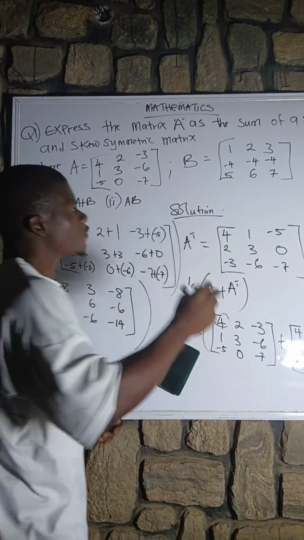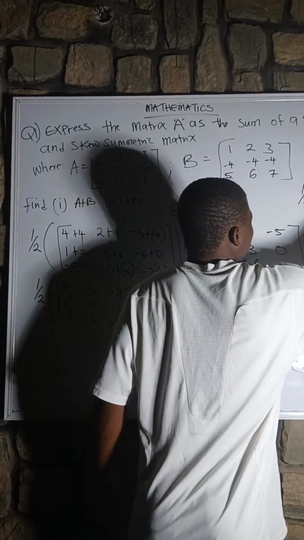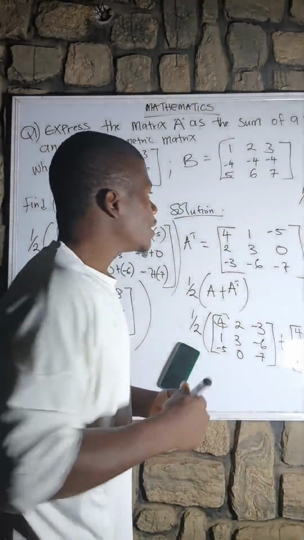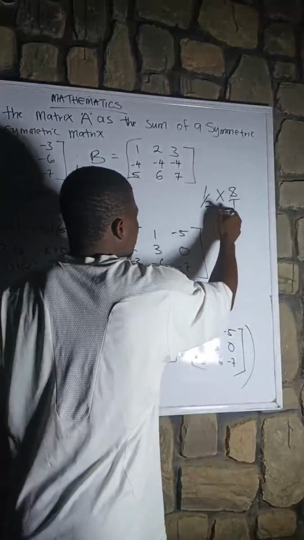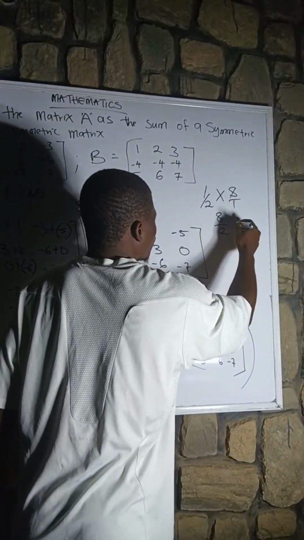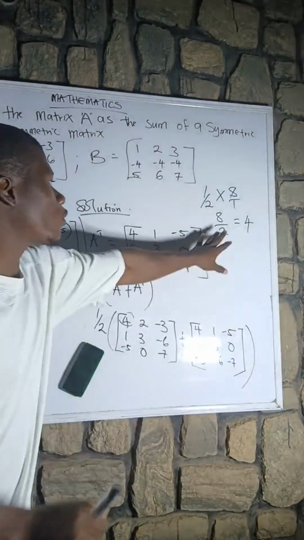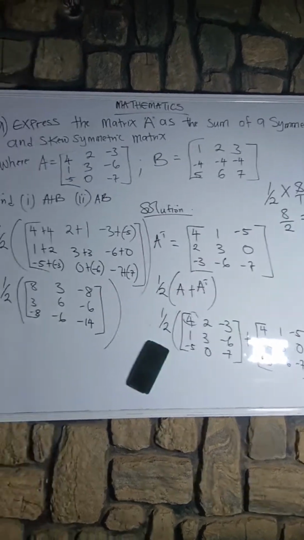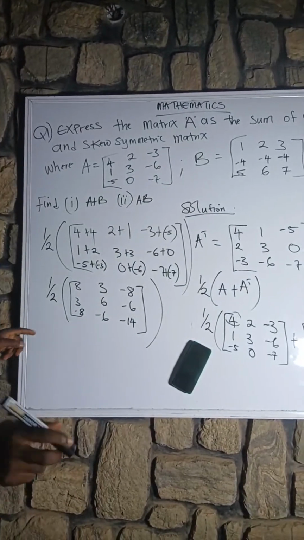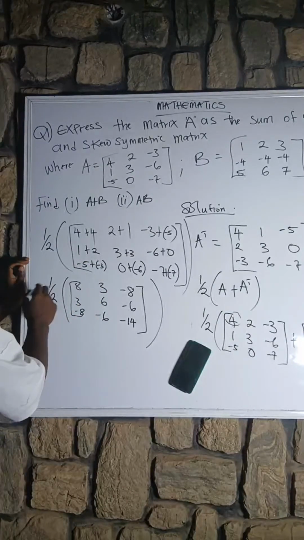For instance, if you say 1 all over 2 times, let's say 8, it's the same thing as saying this 8 here is all over 1, and then 1 times 8 is 8, 2 times 1 is 2, which gives you 8 divided by 2, which will give you what? 4. So this is what we are going to be doing here. Each element will be divided by what? By 2. Amen? Amen. Alright.